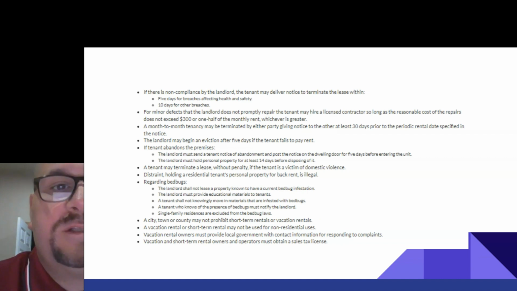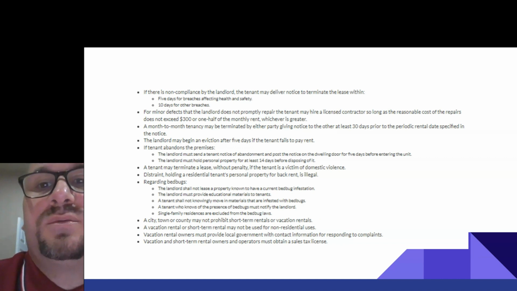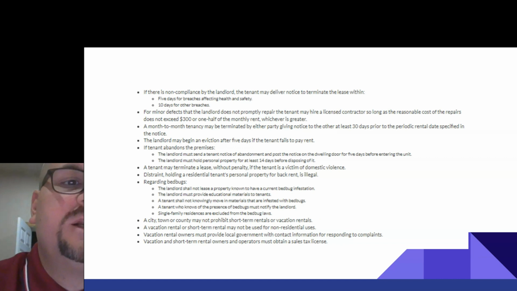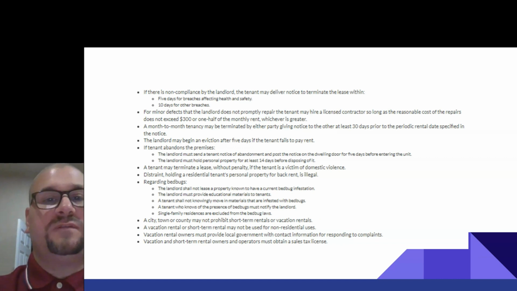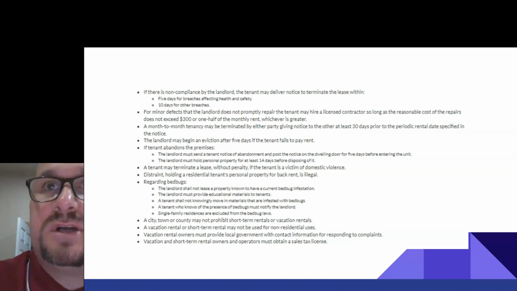For minor defects that the landlord does not promptly repair, the tenant may hire a licensed contractor so long as the reasonable cost of the repairs does not exceed $300 or half of the monthly rent, whichever is greater. So, sometimes if the landlord doesn't keep up with some of the items, the tenant can actually hire a licensed contractor.